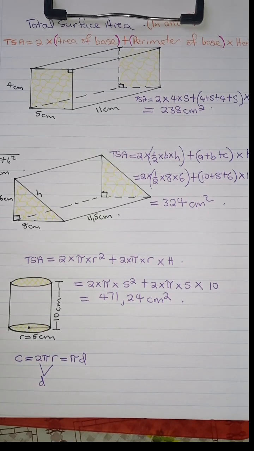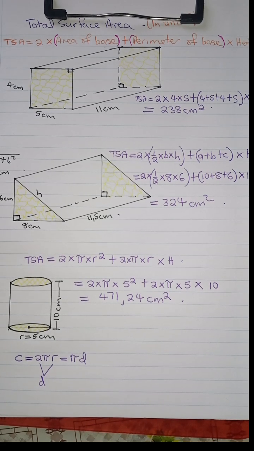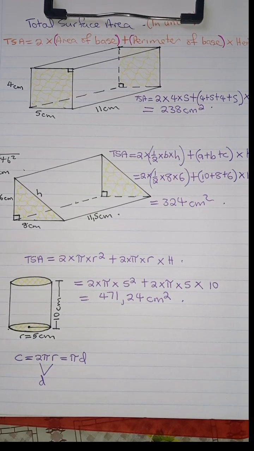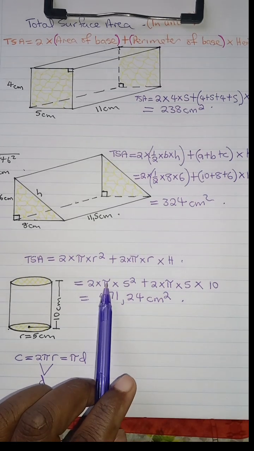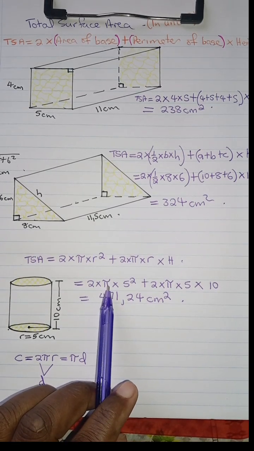And then if it is a circle, the area of the base is pi r squared, and the perimeter of the base is your circumference, that is 2 times pi times r. And then I encourage you to use this pi.